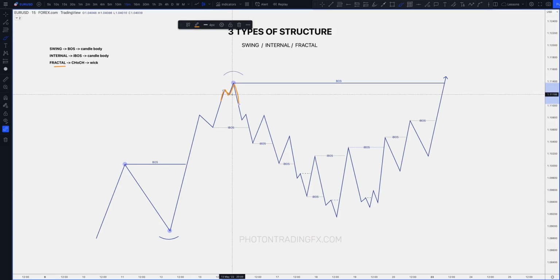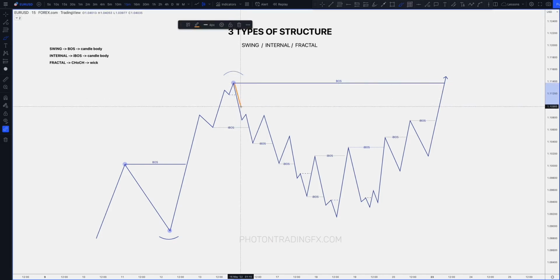Previously I called that internal low, but with these new lessons we're adding in, we're going to try and refer to this as fractal structure, okay? So that's when we get a bearish change of character. And that's our first little signal from a market structure perspective that potentially something's changing, weakness is stepping in, and we may now be getting a swing pullback. It's just one little confluence and one little signal. It is not a guarantee, okay?